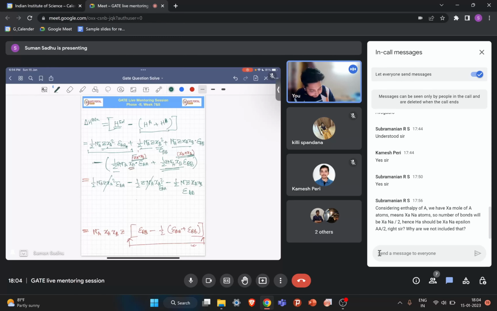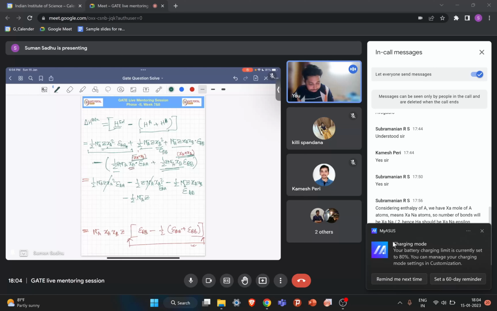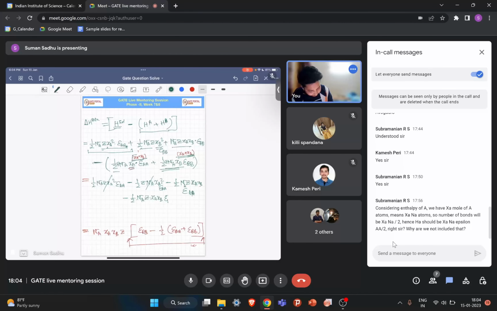Only this term will be there: minus half of Na Z XA XB epsilon BB. And this term will also be there because it will not get cancelled out: plus Na Z XA XB epsilon AB.